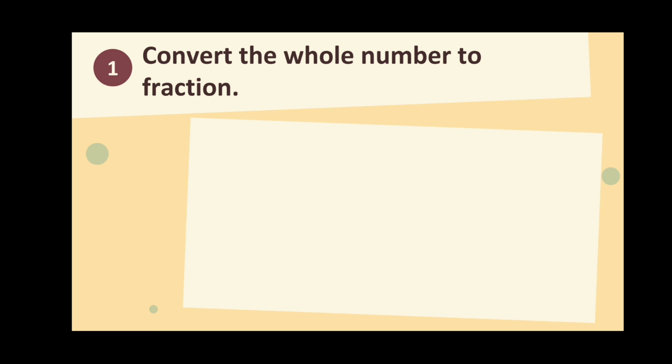So, ang whole number natin ay 2. Any whole number has an invisible denominator 1. So, therefore, kahit anong given na whole number, it is automatically over 1. So, therefore, from 2, it will be 2/1. So, ang fractional form ng whole number na 2 ay 2/1.